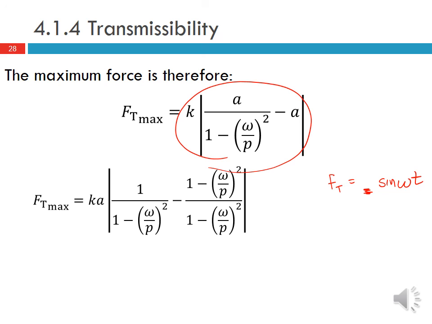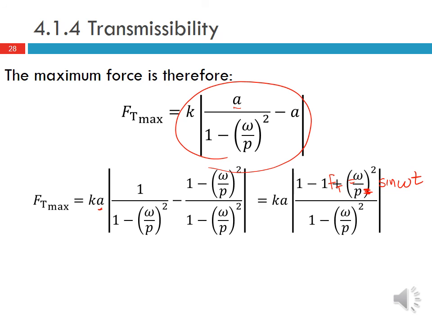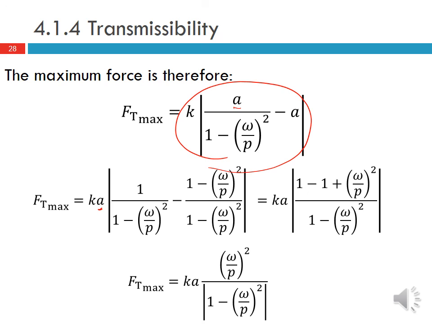We can rewrite this to combine these two terms by multiplying top and bottom by 1 minus omega over p squared, and then factoring out this a. So we can simplify this as we can see here. Ft max is given by Ka times omega over p squared divided by the absolute value of 1 minus omega over p squared.